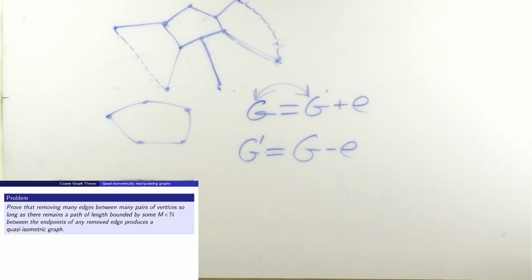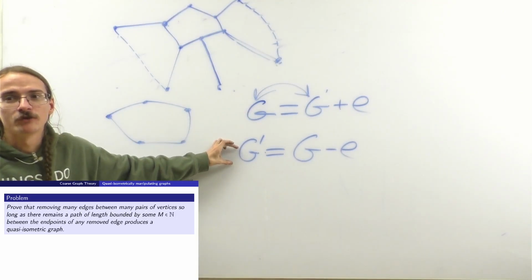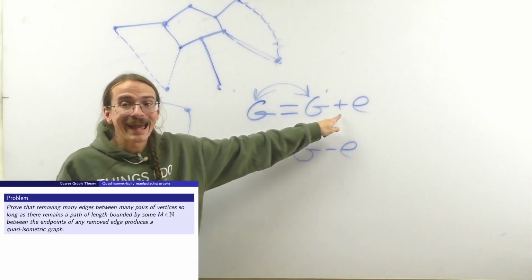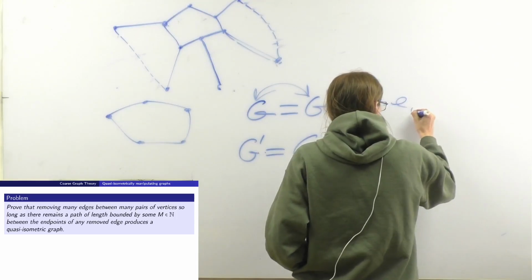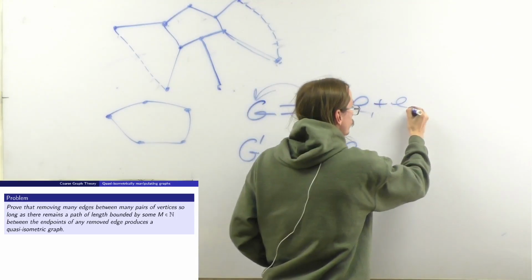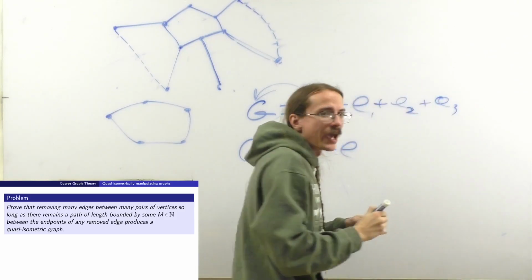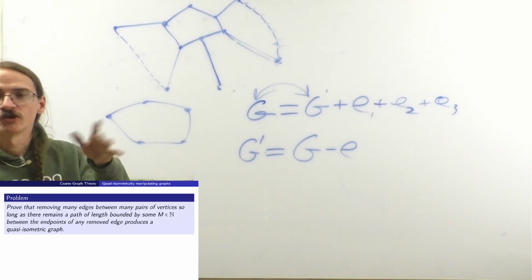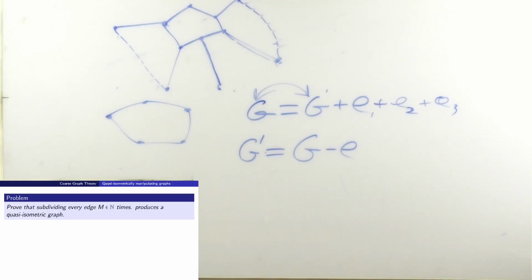But it's the same argument here because the first problem we proved wasn't add an edge, it was add a bunch of edges. And so the same argument holds with remove a bunch of edges and then add them back in, and you have quasi-isometries go in both directions. Good, good. Jump us forward again.